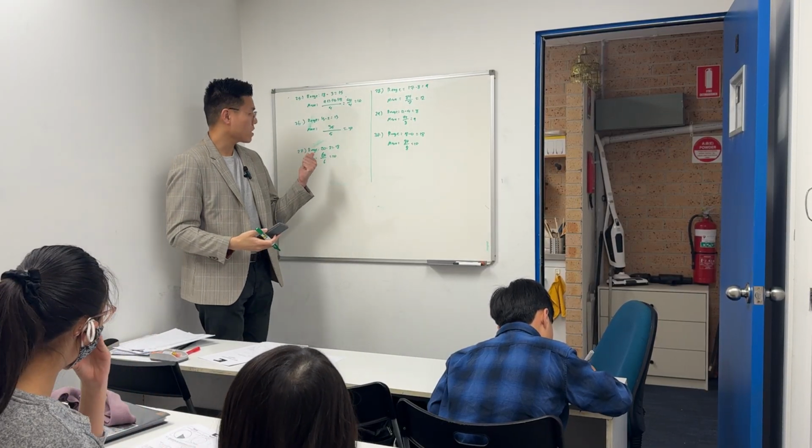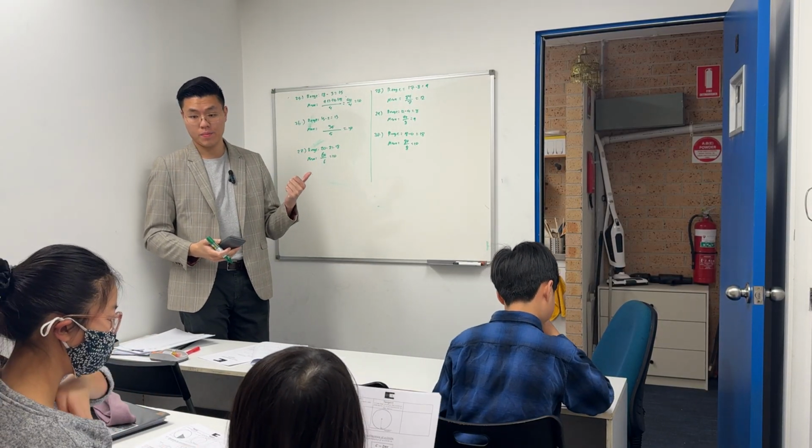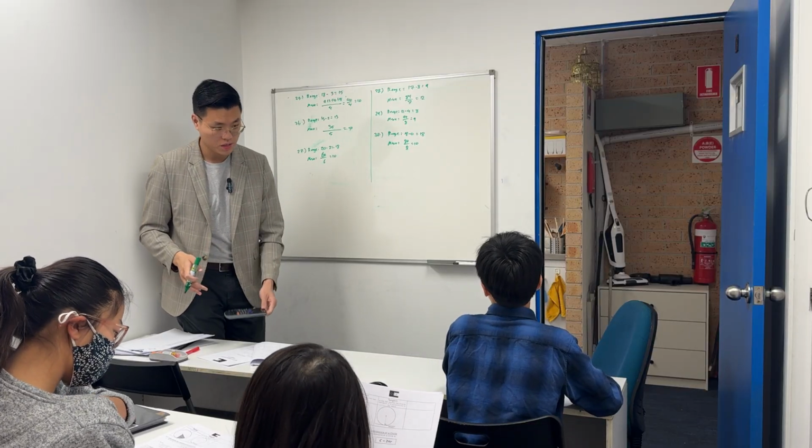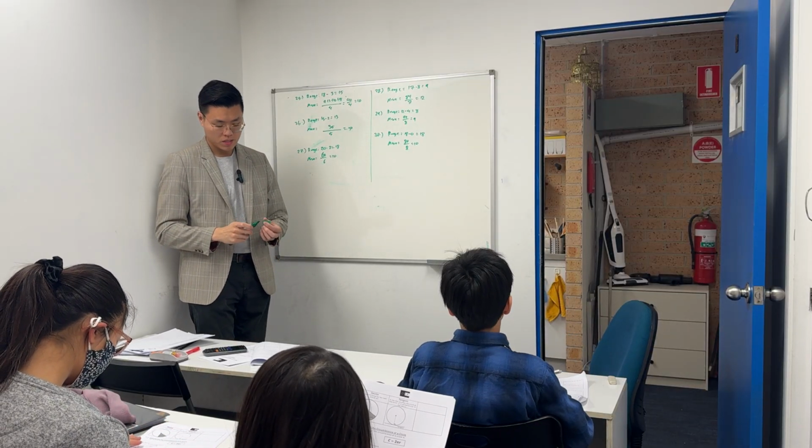All right, could you guys just check these answers on the board first, and then I'm gonna rub them out so I can do the other stuff. Let's double check these ones.